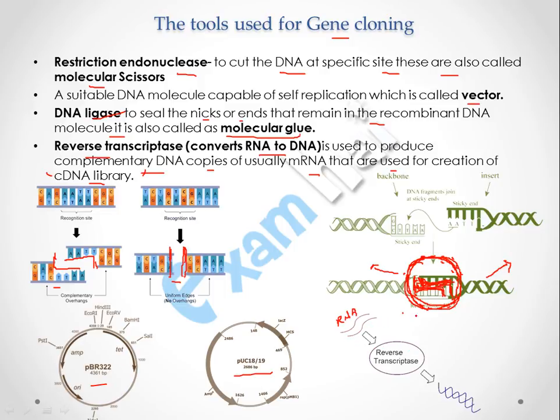It produces a complementary strand and makes it DNA. These are the tools used for gene cloning, and this terminology will be used in our later videos, as these are terminologies regularly used in gene cloning.